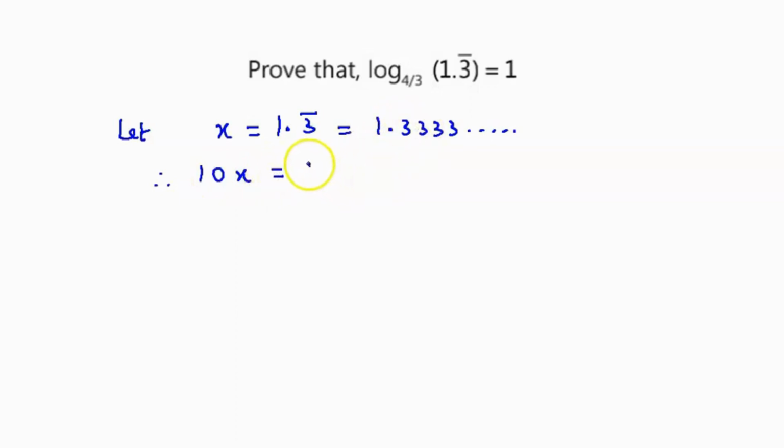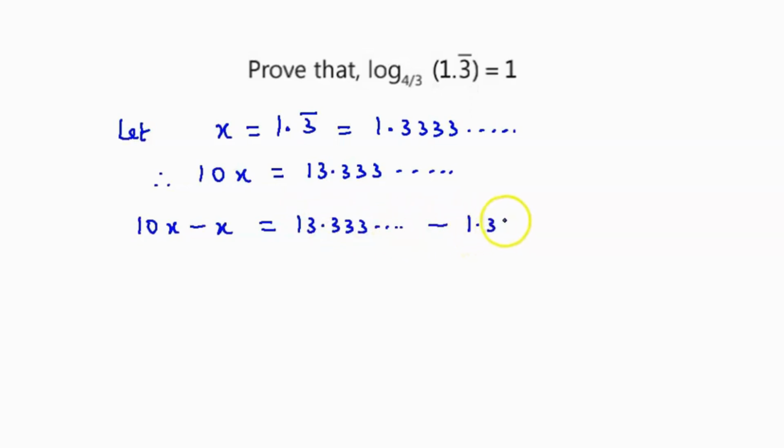Now if we multiply it by 10, so 10x will be equal to, the decimal shifts here, so this will become 13.333 and so on. Now if we subtract the 2, that is 10x and x, the right hand side also gets subtracted, this will be 13.333 and so on minus 1.333 and so on.